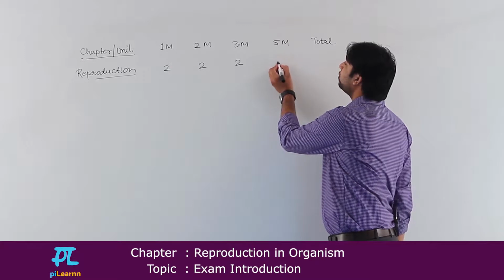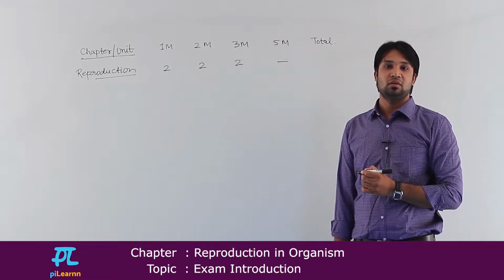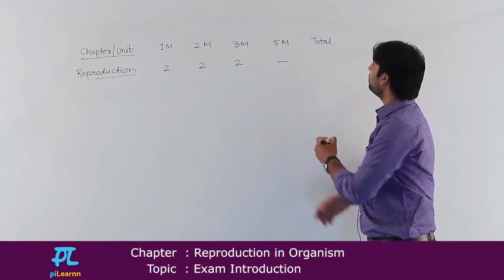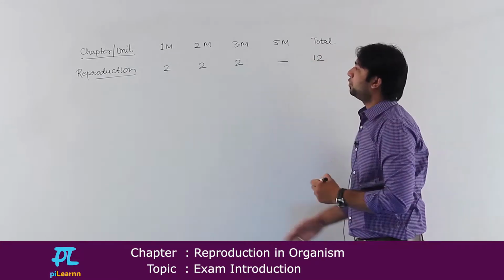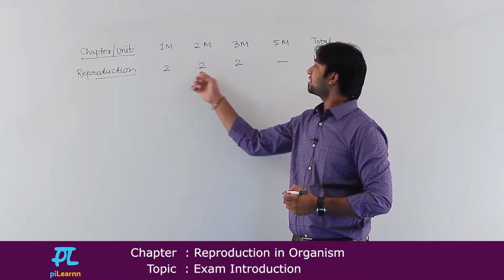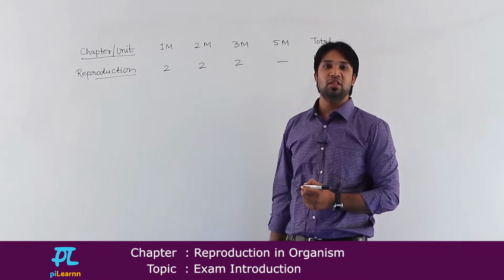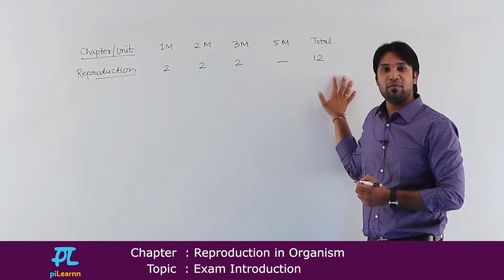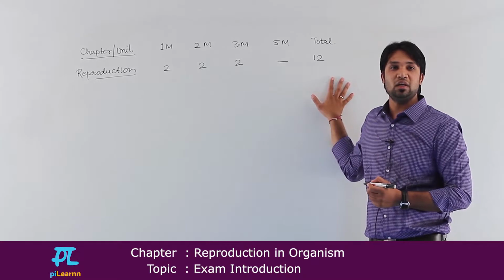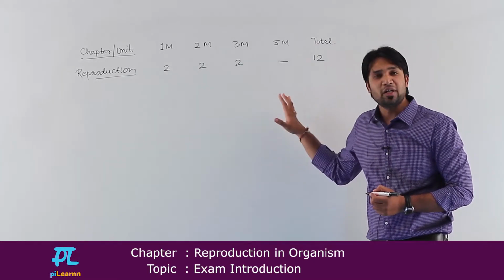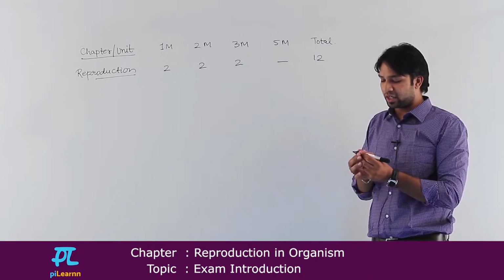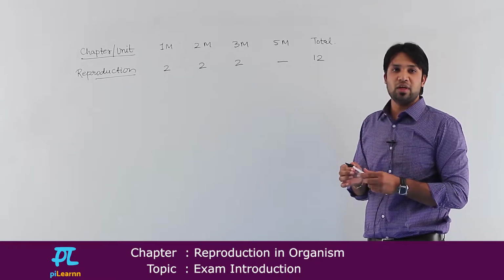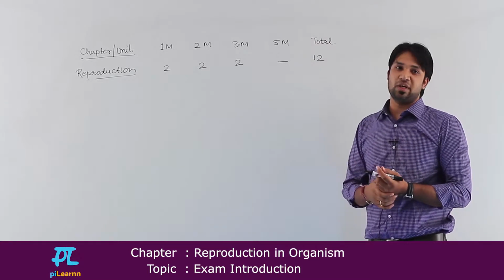And there will be no 5 mark question from there. Okay, so total will be 2 plus 4, 6 plus 6, 12. Total 12 marks of questions will come from sexual reproduction, reproduction in organism, human reproduction, reproduction in plants and all this. Okay, so the entire reproduction unit is comprised of that.